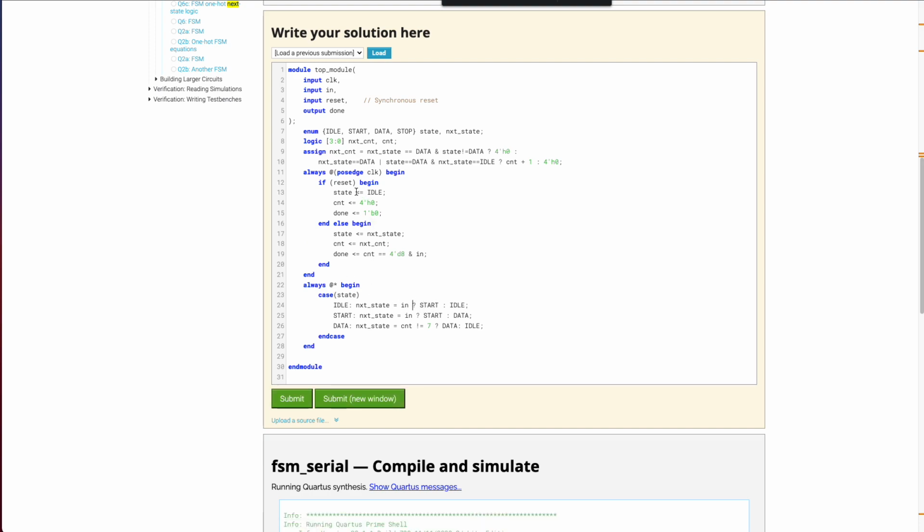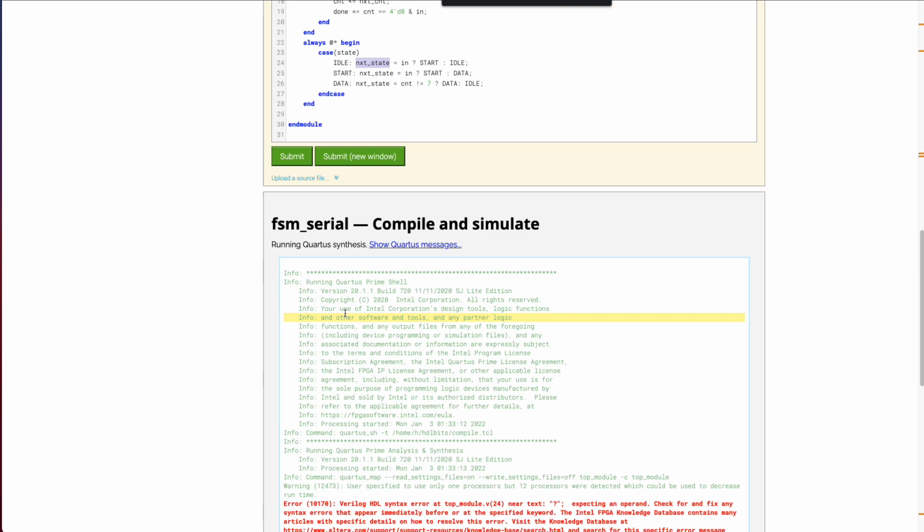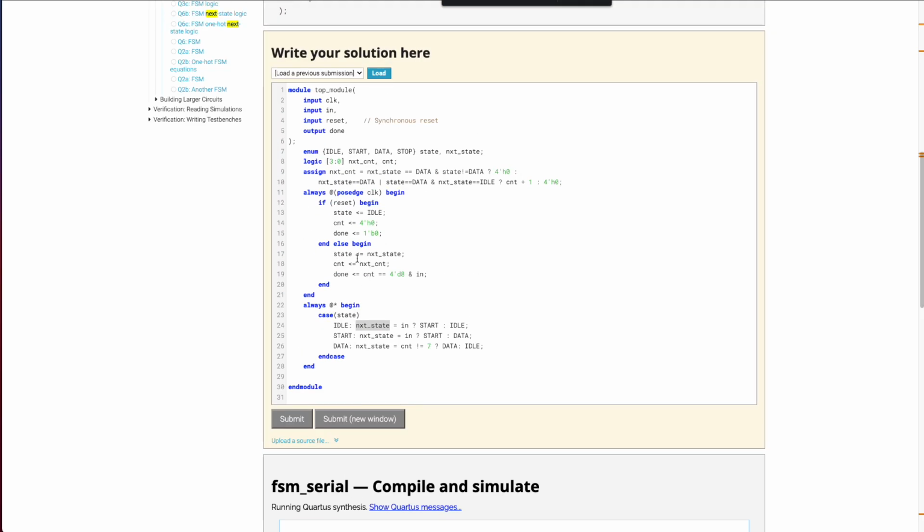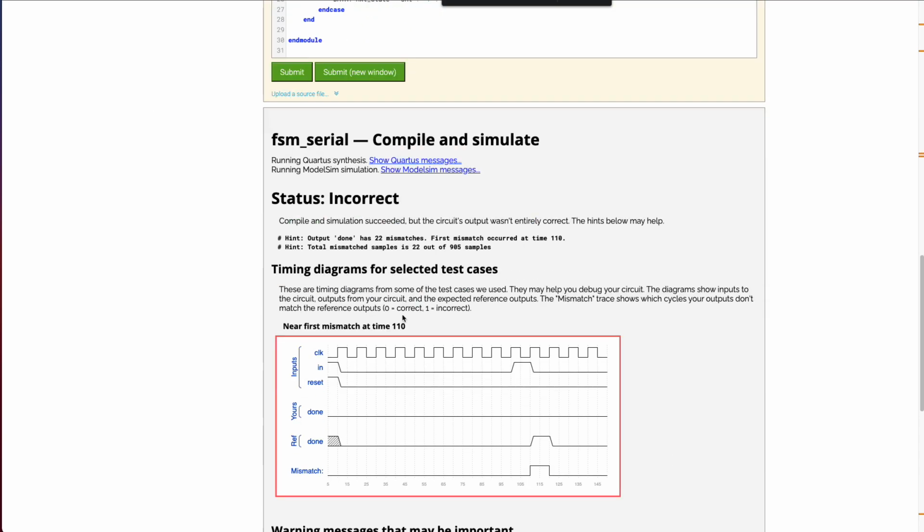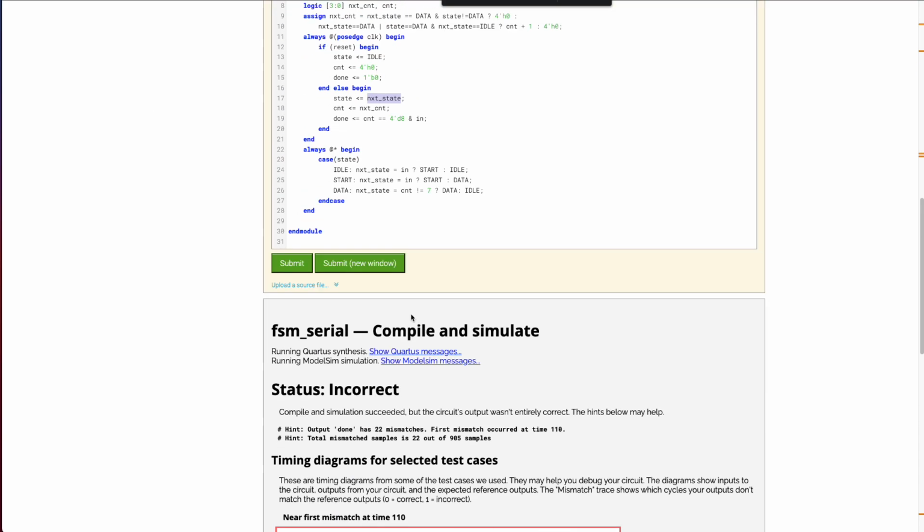So here then, next state is always going to be start if in is 1. And then if reset and in is 1 held 1, say reset went to 0 and in went to 0, but then the previous cycle in was 1, the next state is... yeah, I don't clock it.